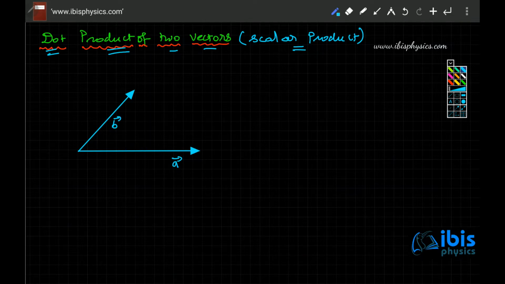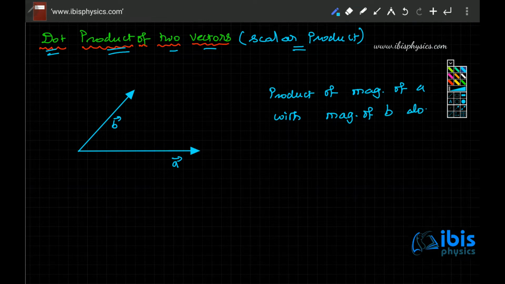The dot product of a and b vector is nothing but the product of magnitude of a with magnitude of b along a. That's the definition of dot product.